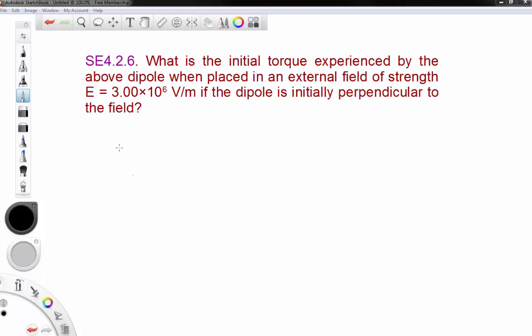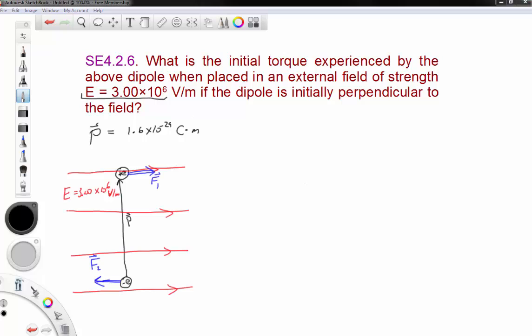Okay, second example, suppose that we place this dipole, the one that we just found, 1.6 times 10 to the minus 29 coulomb meters, into a field of strength 3 times 10 to the 6th volts per meter, and that the dipole is initially perpendicular to the field. That would give us some orientation that basically looks something like this.